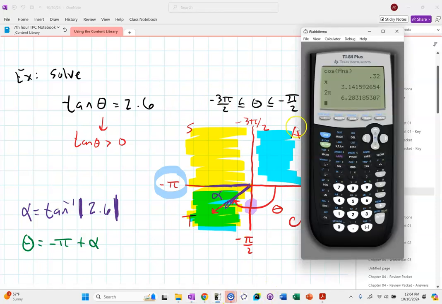But now it's just calculator time. Again, I'm doing the absolute value in my head, so I don't have to type in the calculator. So I have negative 1.94.